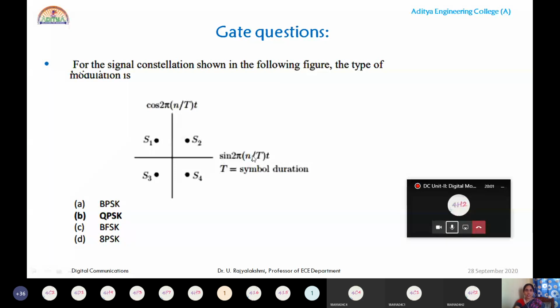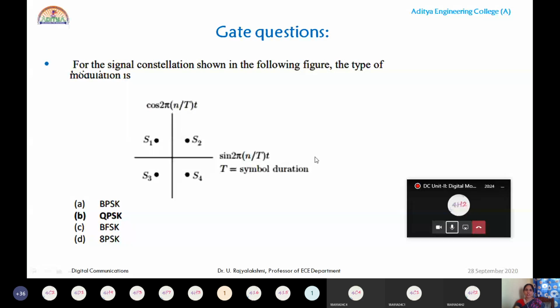And please observe the carriers, sin 2 pi fc t, cos 2 pi fc t. If you observe the carriers, you can see that Fc is constant. That is, the carrier oscillator component is also constant. But you have in-phase and quadrature phase. And what about the phase of S1, S2, S3, S4 with respect to the x-axis?